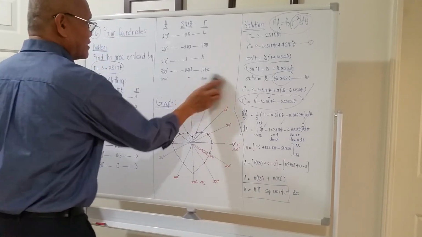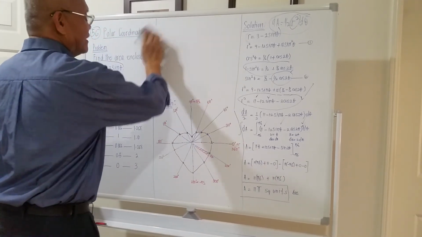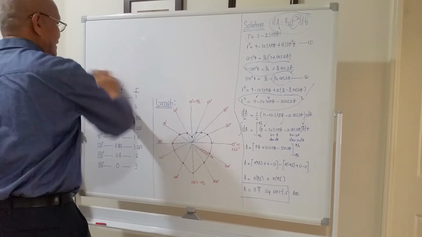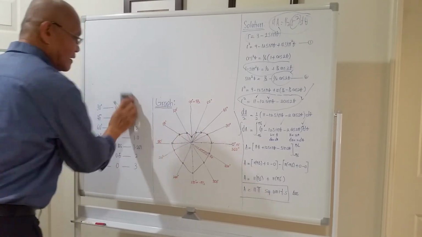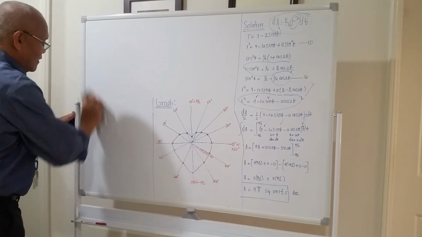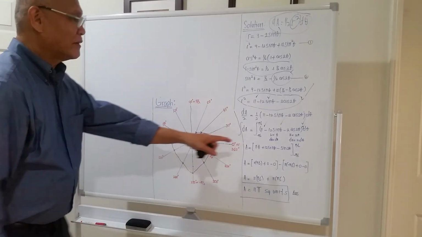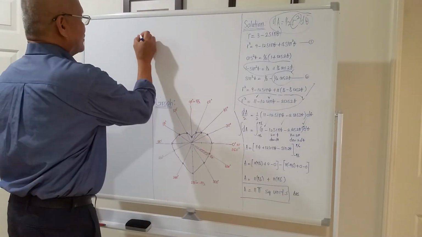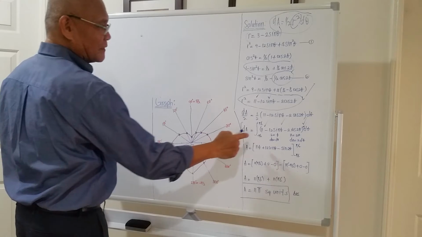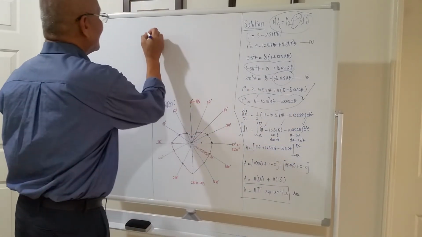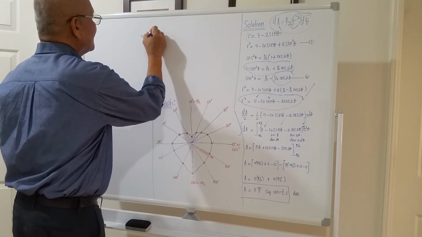I will erase this, guys, so you can see it. We've been through this the last time around. So if we integrate 11 differential theta, that will be 11 theta.